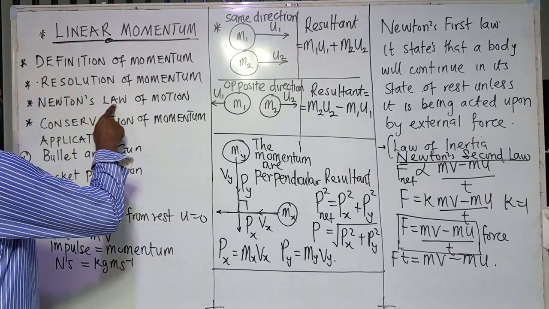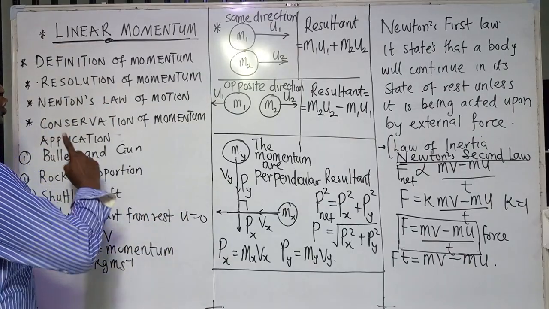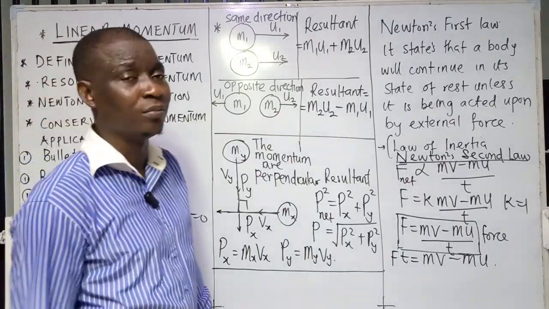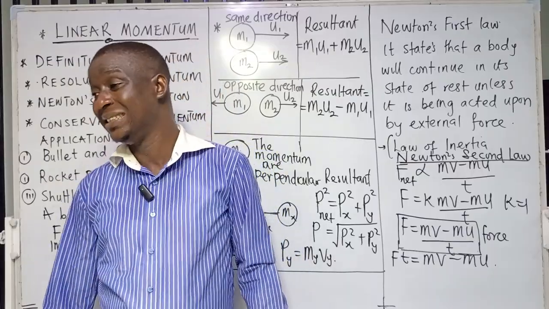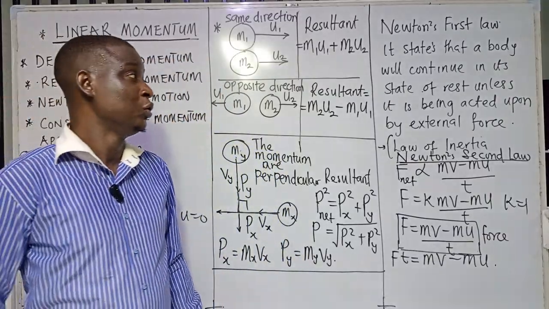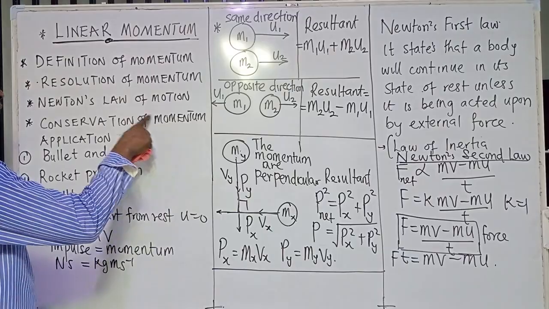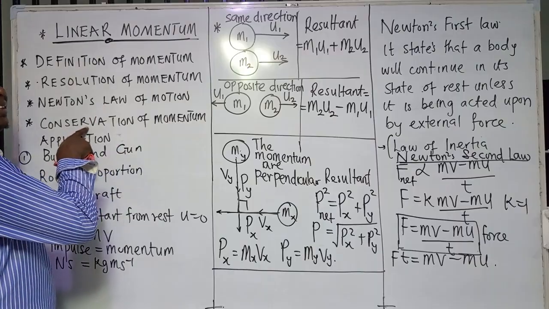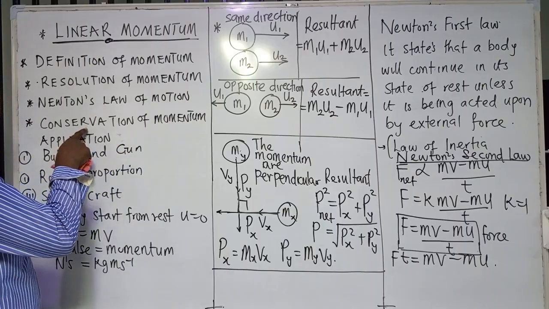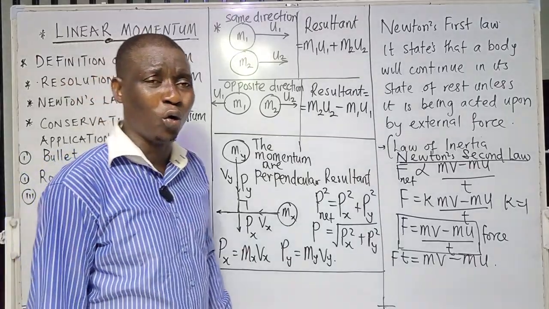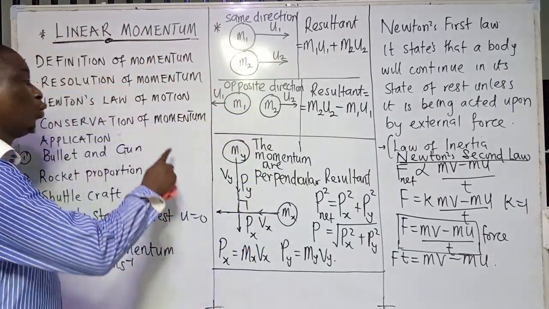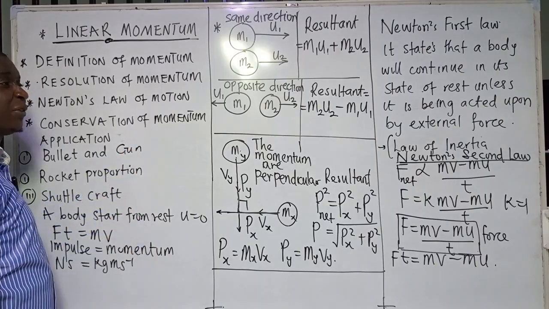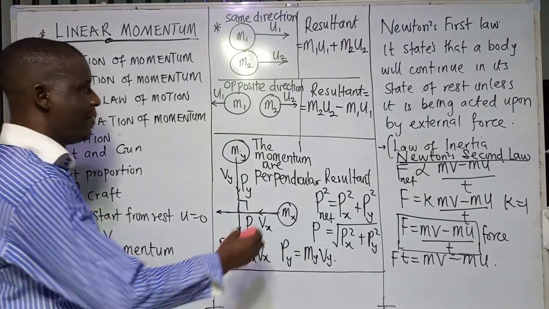Now, let us look at Newton's third law. Newton's third law is an application of the law of conservation of linear momentum. I want to explain the third law, then I will enter the conservation of momentum.